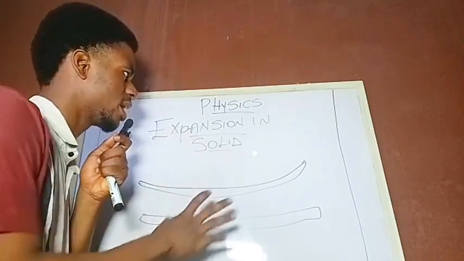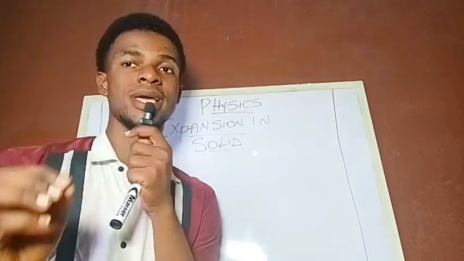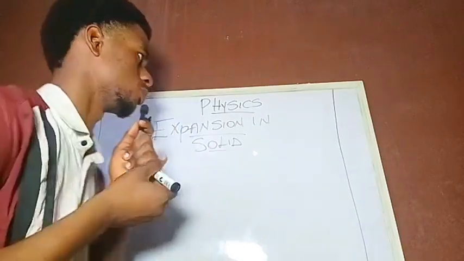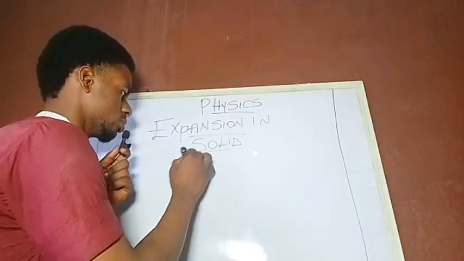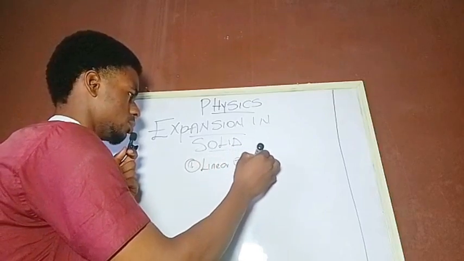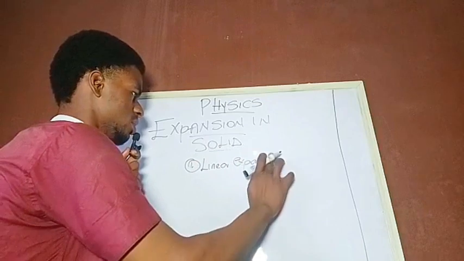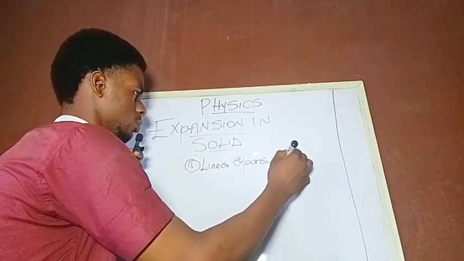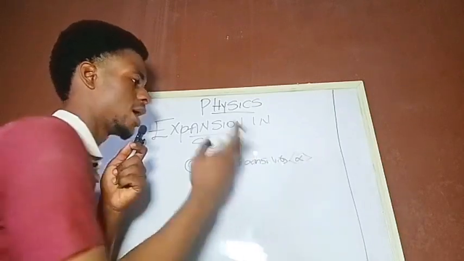Now, under expansion in solids, we have three factors. The first one is linear expansivity, which is denoted by alpha.